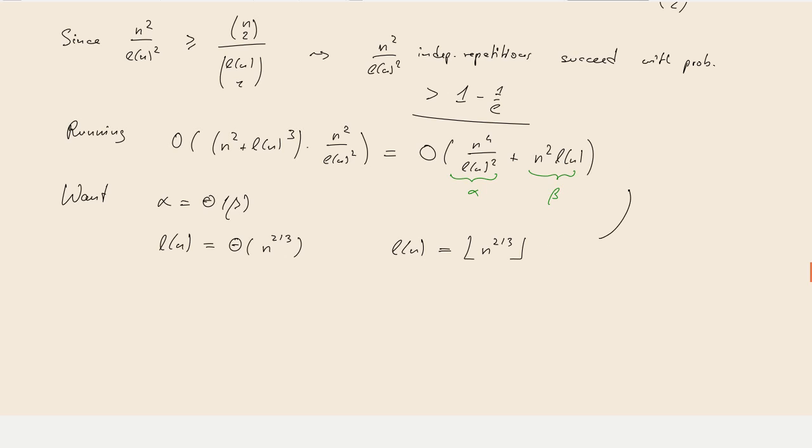And then if you insert that, what you get is O of n to the 8/3. Okay, checks out. And that's a good deal less than the cubic running time you had for the quadratic algorithm.